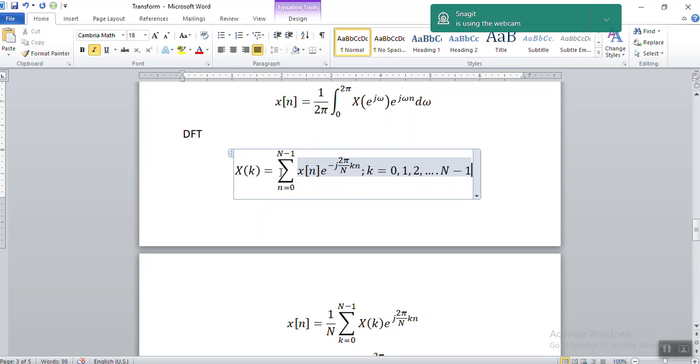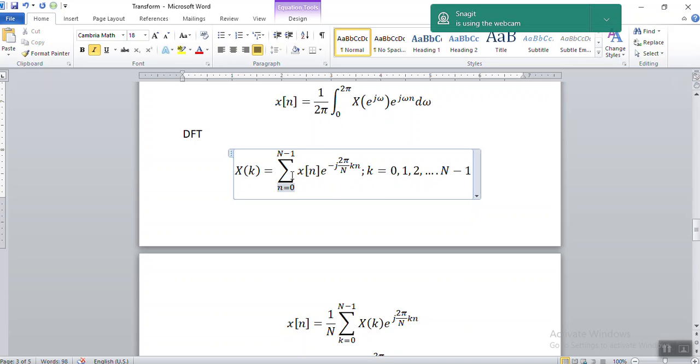So, for each k, there are N complex multiplications, and for all k, N square complex multiplications, right, capital N square complex multiplications. Then for each k, there are N minus 1 summations, as after multiplication the terms get summed up.